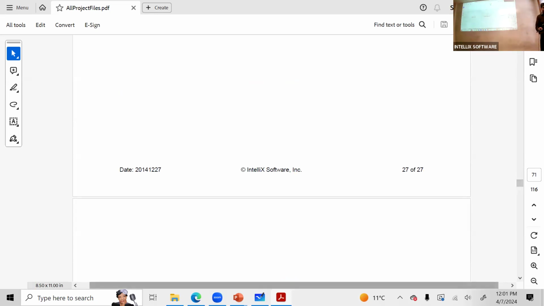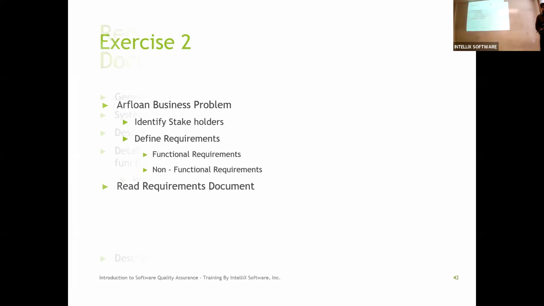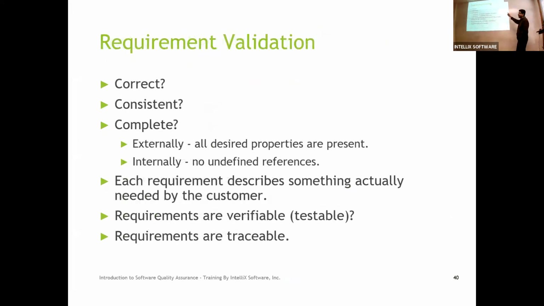So I want you to read it. And now, as you read through it, I want you to think around the 3C and the D conditions. Do you understand that requirement? Do you feel it belongs there? Do you feel you have enough information to test that particular requirement? Okay?